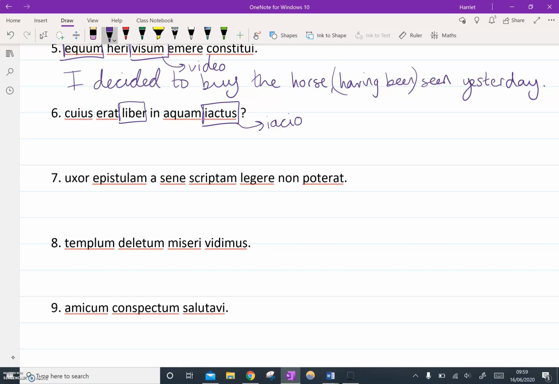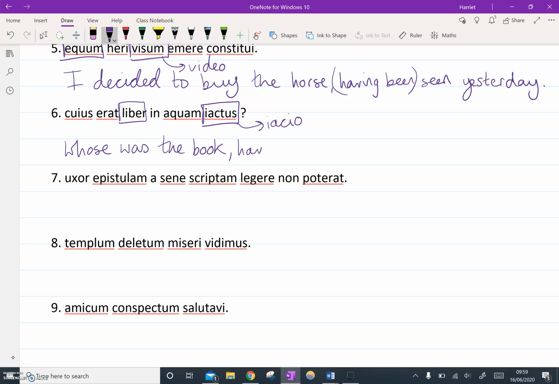It's one of those annoying little pronouns. It ends in ius. Remember, pronouns that end in ius are genitive. And cuius is from qui. So that word literally means of whom. So in nicer English, we can just say whose. Erat liber, whose was the book.